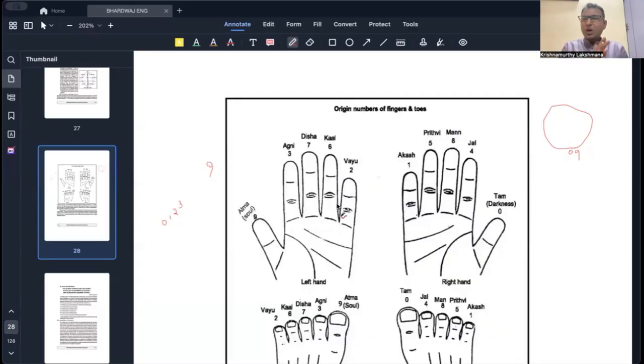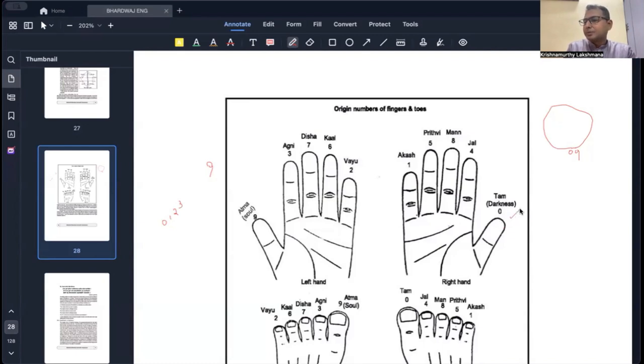So this will be number 0. Which is the hand which you use the most? Most people use the right hand. So starting from the right, the smallest finger in terms of height is the thumb. So the right thumb, we will allocate it as 0.